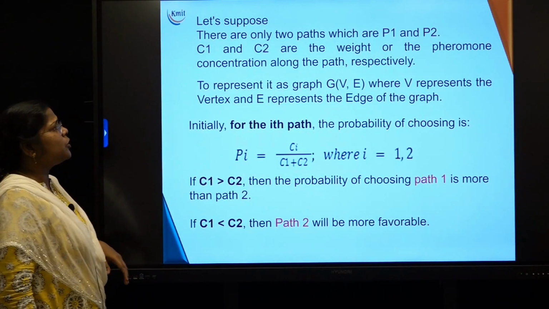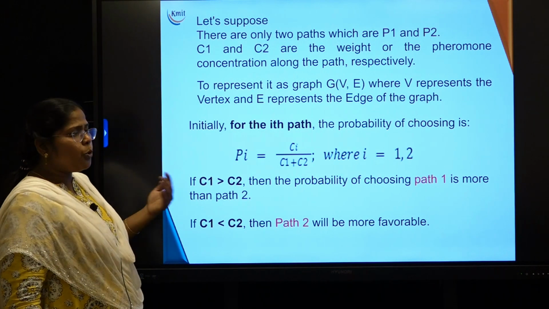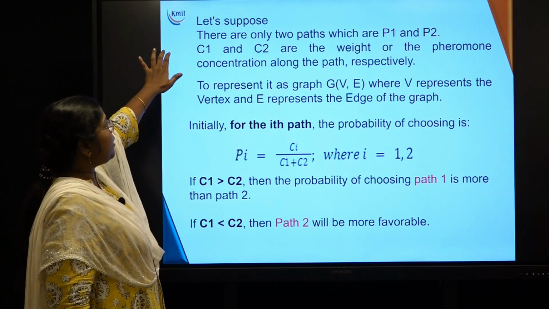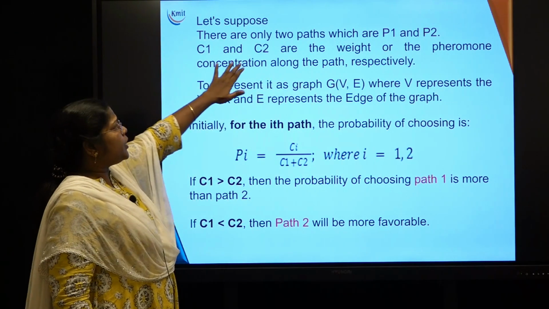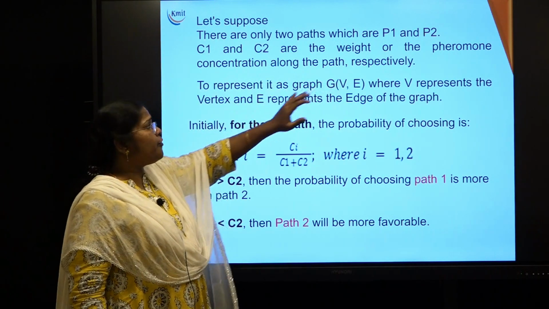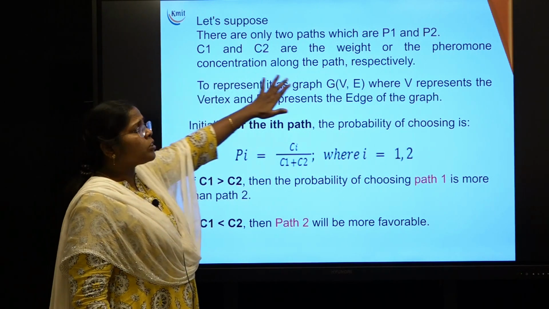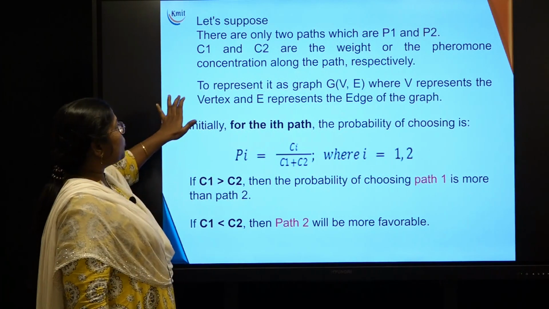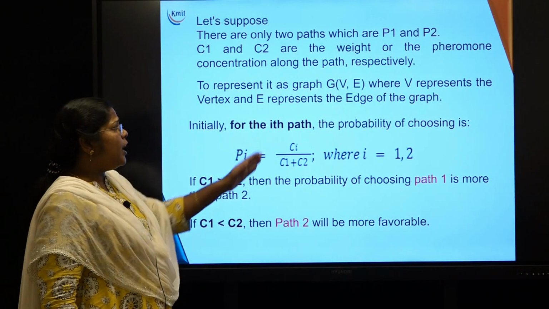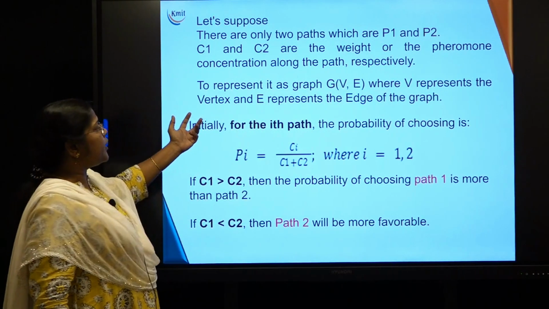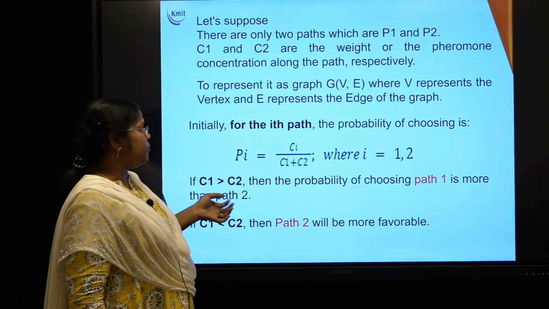So, let us convert this into a mathematical form. Here there are 2 paths P1 and P2, and C1 and C2 are the weights of the pheromone concentration along the paths respectively. We represent the graph G(V, E), where V represents the vertices and E represents the edges of the graph.